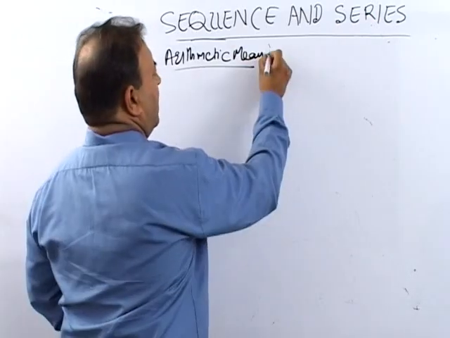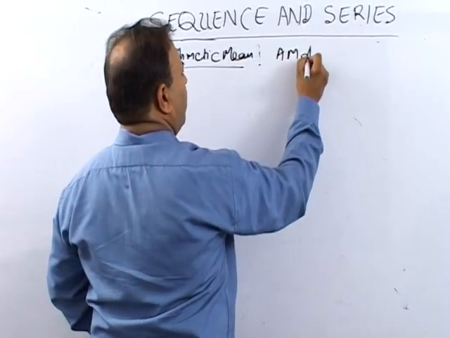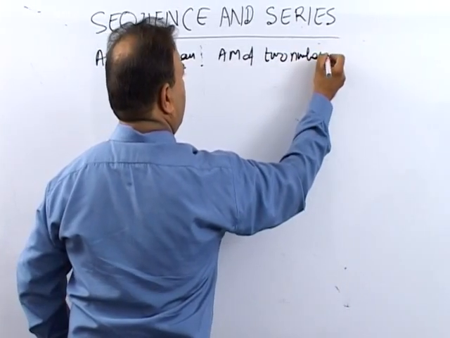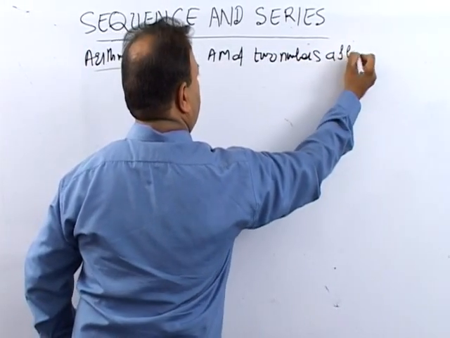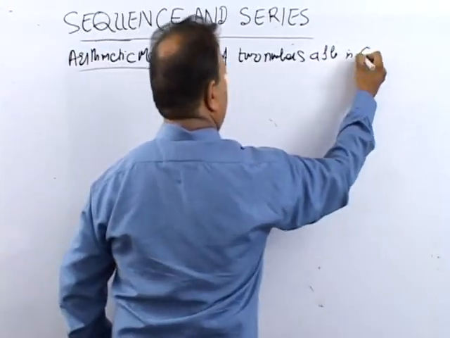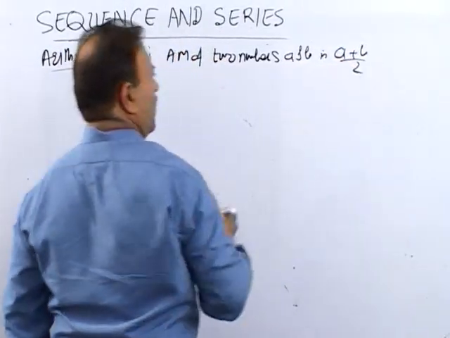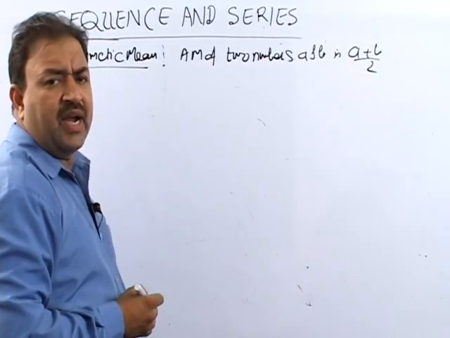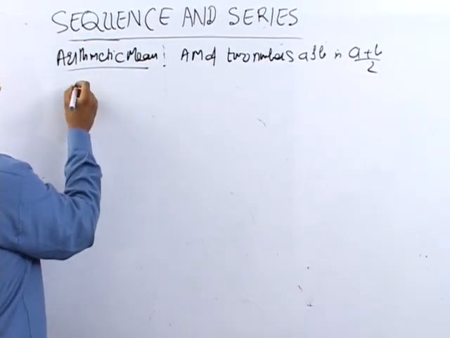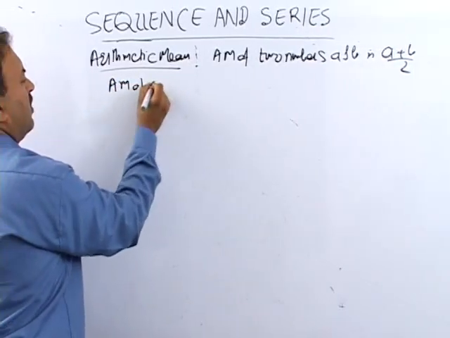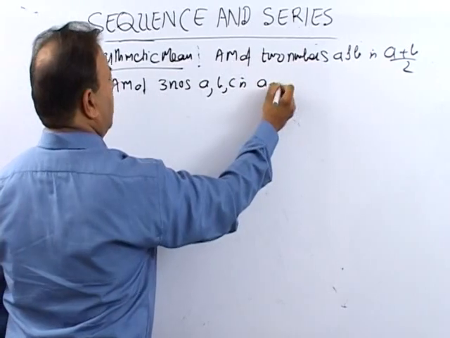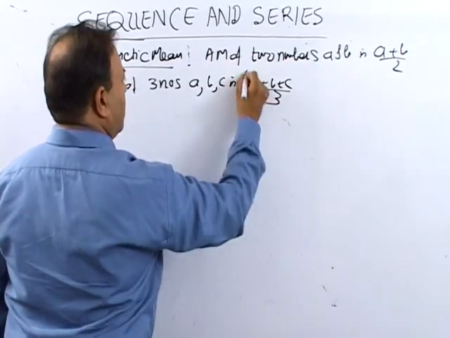What is arithmetic mean? The arithmetic mean of two numbers A and B is (A plus B) by 2. The arithmetic mean of two numbers: add both numbers and divide by 2. The arithmetic mean of three numbers A, B and C is (A plus B plus C) upon 3.